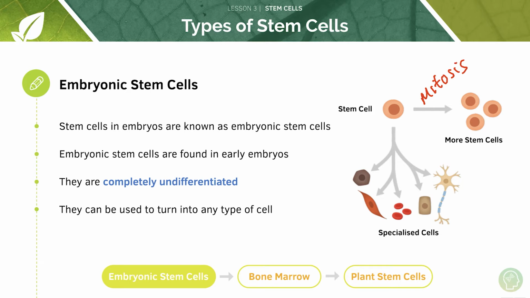So in order to increase the population of stem cells, the parent stem cell can undergo mitosis to form many daughter cells. Or the stem cell can alternatively differentiate to form these specialised cells. So there's two options for the stem cell here.